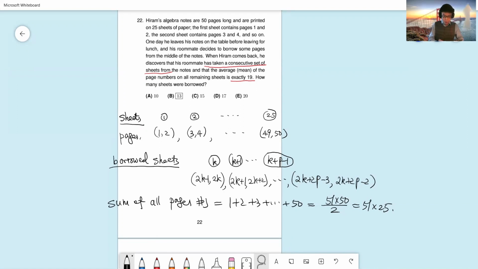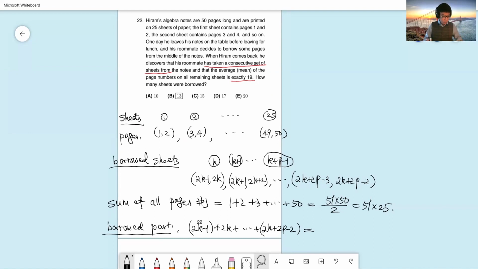For the borrowed part, we just calculate the sum 2k minus 1 plus 2k all the way up to 2k plus 2p minus 2. The numbers in the borrowed sheets have a sum equal to this formula.